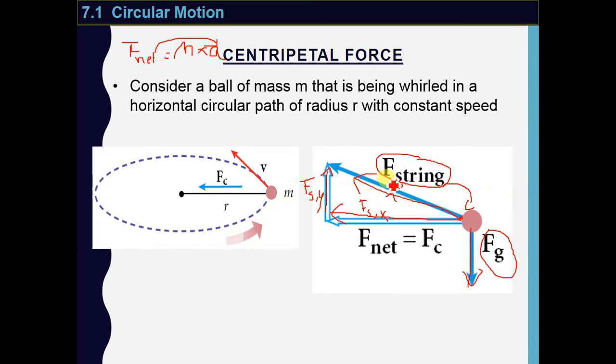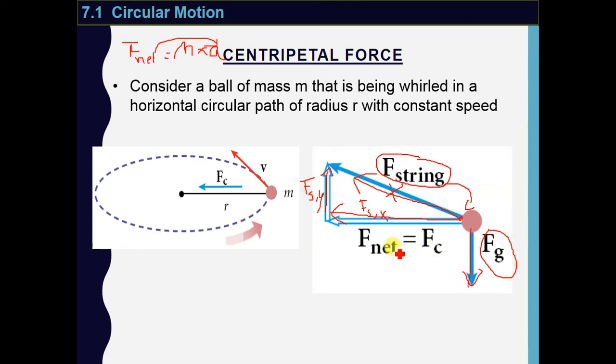So now instead of having F string which doesn't have a proper direction, we have these two, F string along X and F string along Y. So see, girls, these forces: F string along X, F string along Y, and Fg.